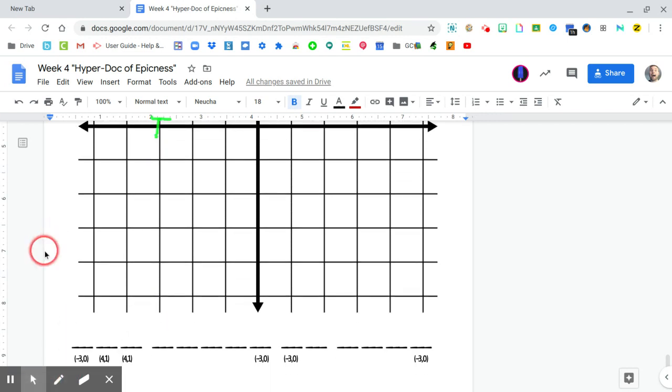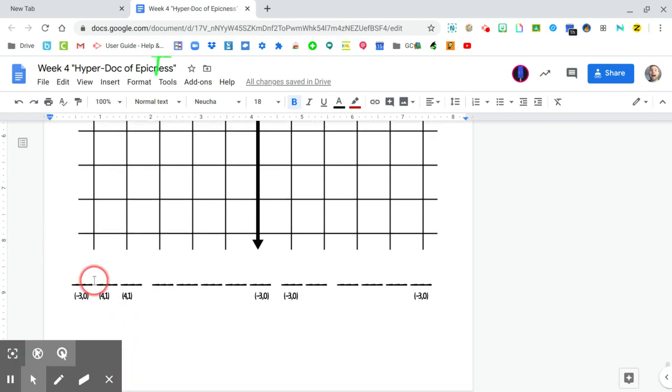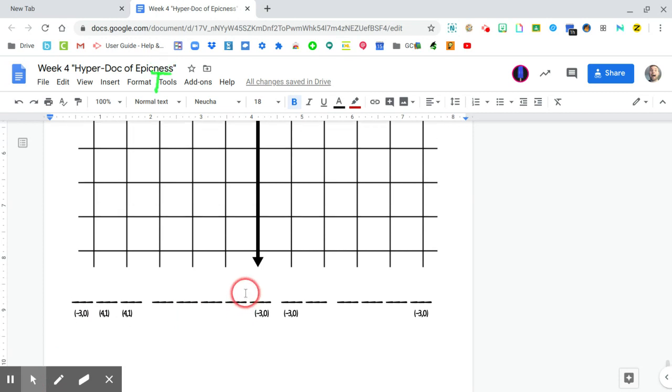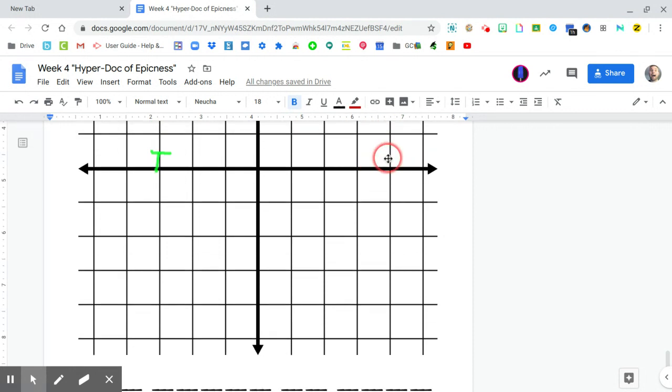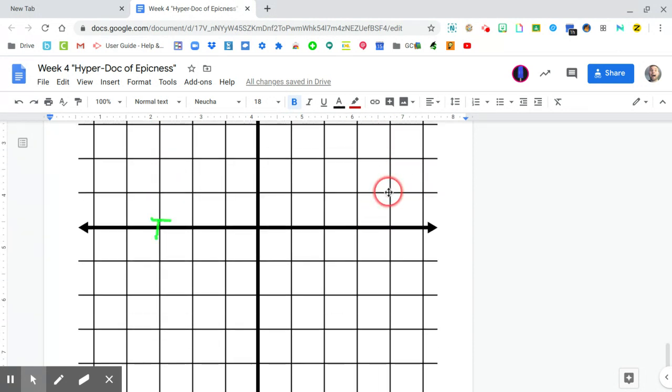And then my next letter, its coordinate is 4 and 1. So start at the origin point, count over 1, 2, 3, 4, and then go up 1. So that's where we're plotting our next letter. 1, 2, 3, 4, and 1.